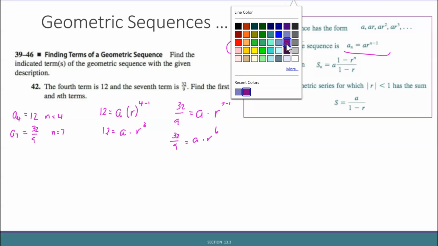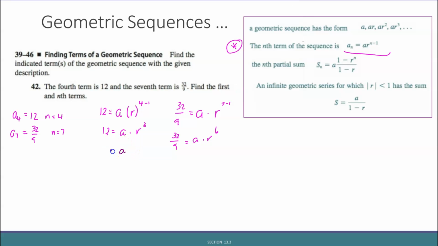From here we can solve for A. If I solve for A, I get 12 over R cubed. Then I can substitute that A into here, and that's how we can find our common ratio R. So we have 32 over 9 is equal to 12 over R cubed, times R to the 6.